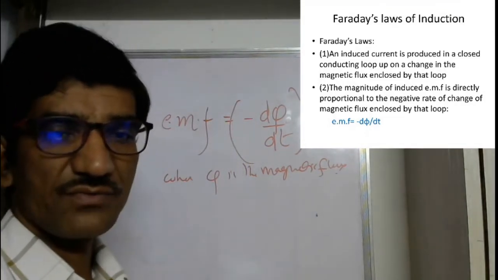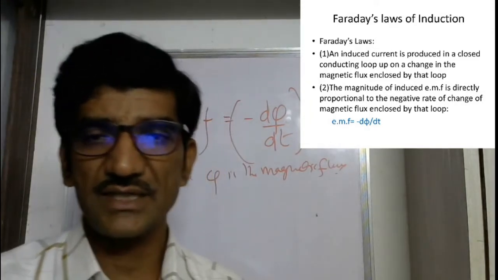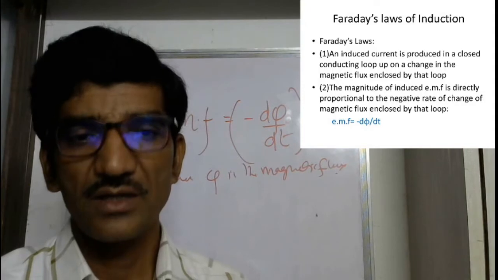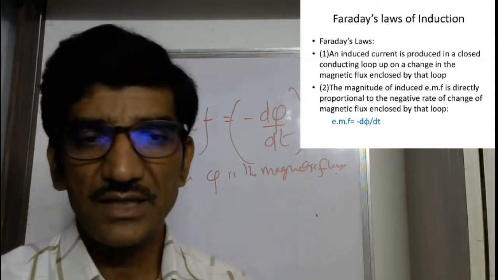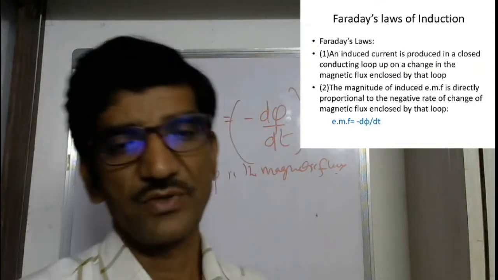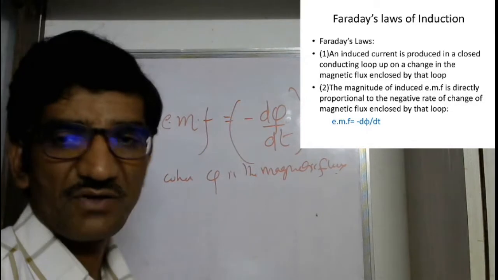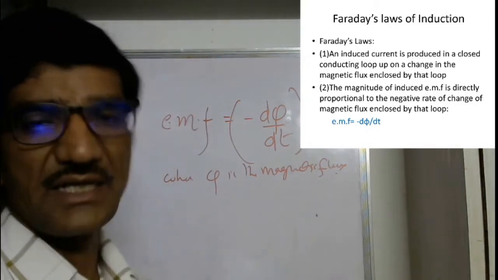So what is the second part of this Faraday's law? The magnitude of induced EMF is directly proportional to the negative rate of change of flux enclosed by that conducting loop. Okay, this is the second part of Faraday's law. It will give you directly a mathematical form for the EMF.